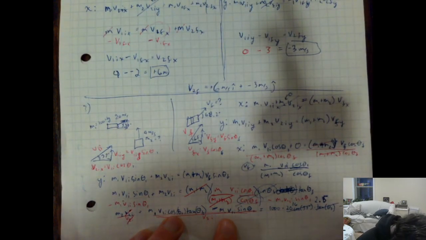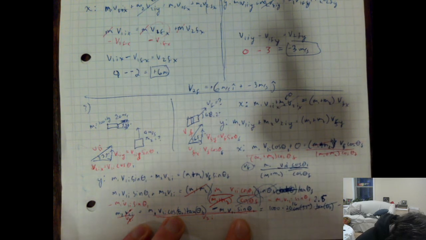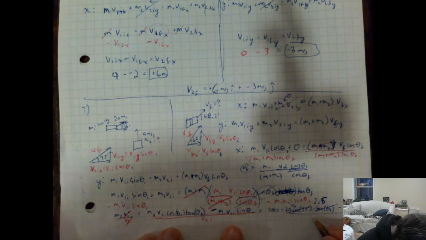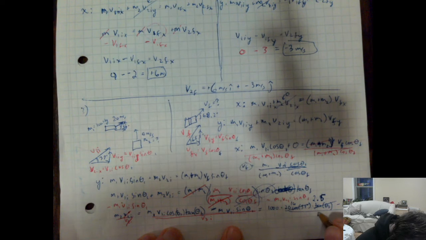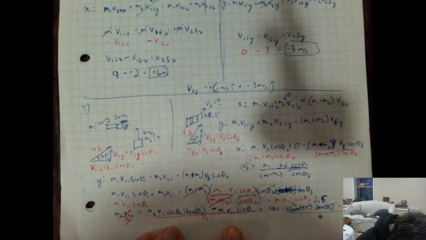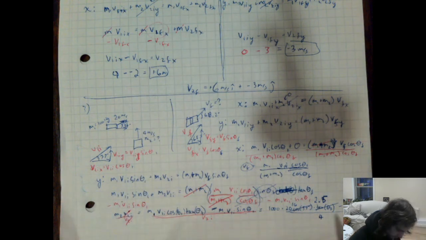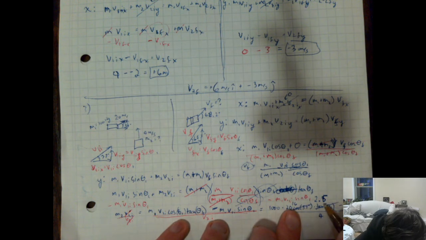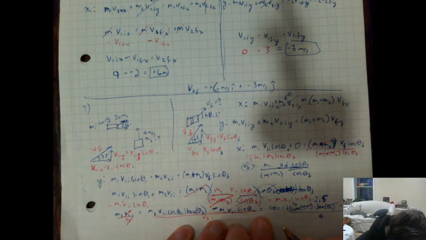Minus m1, which is 1,000 again, times our other component, which was going to be 16 and 12. And we're dividing that by v2 initial, which was 4. Whew. So we've got 2.5 times 2,000.